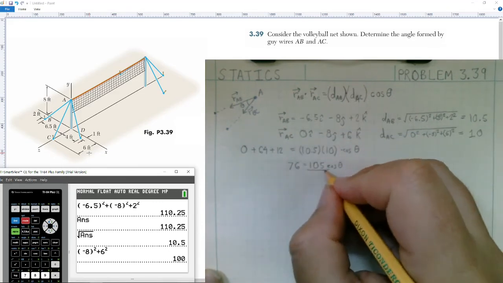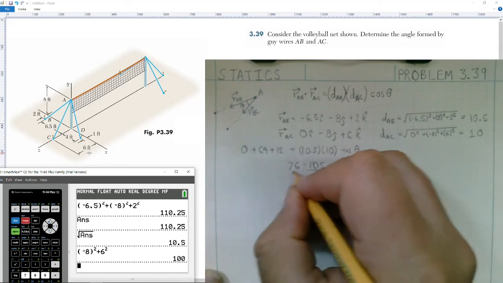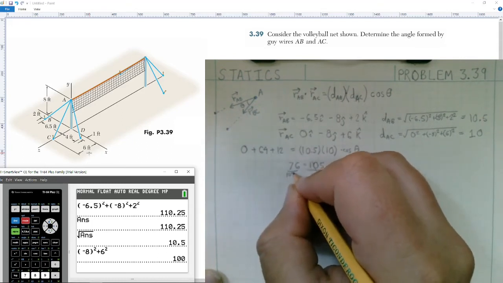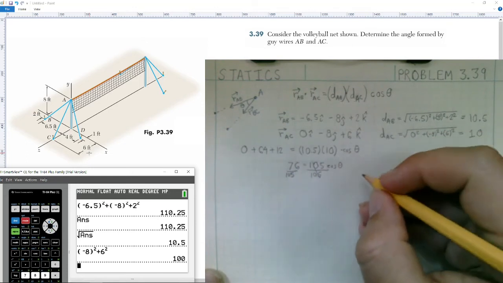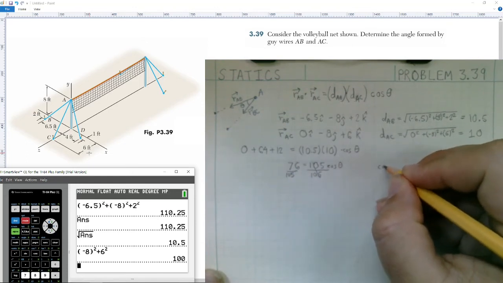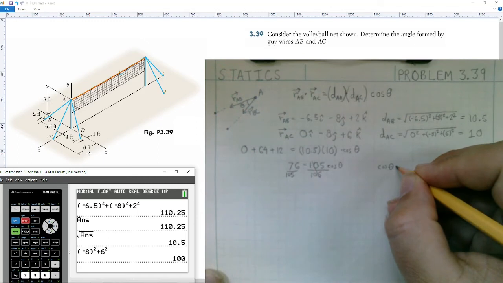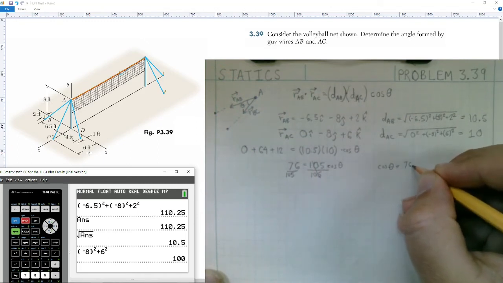So if we divide both sides by 105, we have 76 over 105 equals cosine of theta.